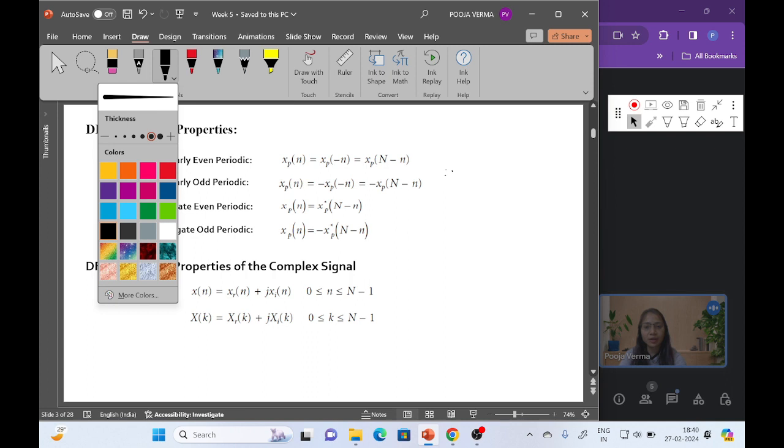And similarly, for conjugate even periodic and conjugate odd periodic signals: a conjugate even periodic signal has xp of n equal to xp conjugate of N minus n. Similarly, for an odd periodic signal, xp of n is equal to minus xp conjugate of N minus n.